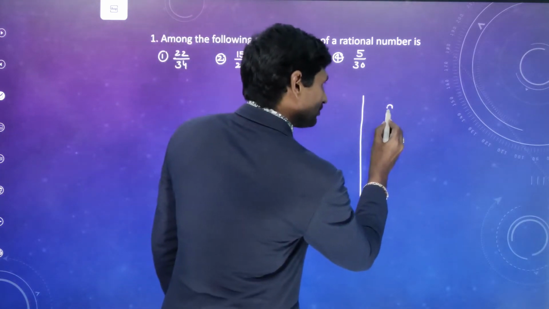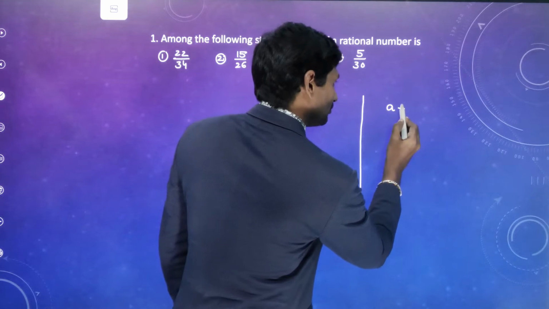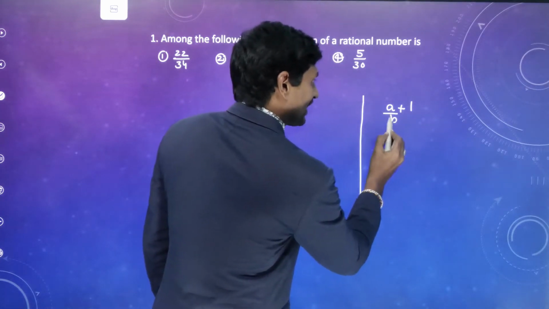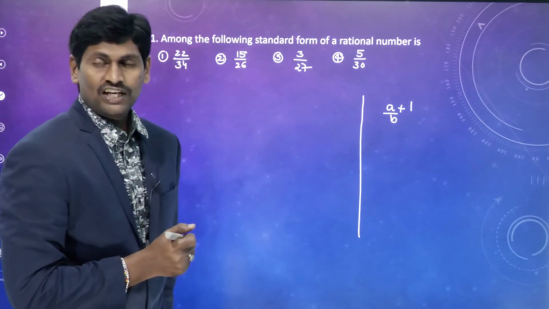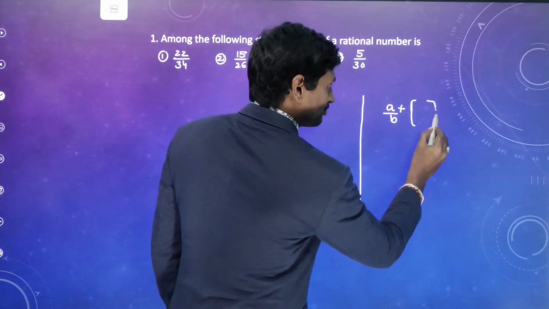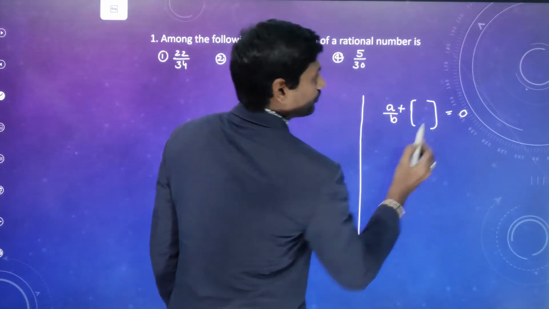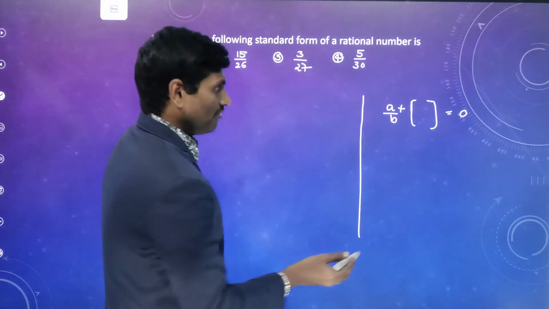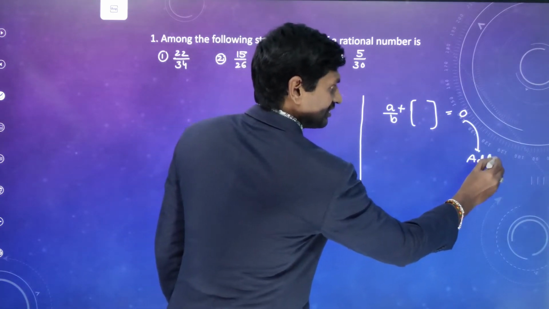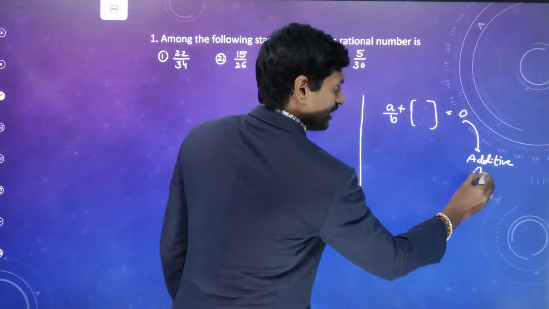For example, if you take A by B as a rational number, we are adding something to get 0, where 0 is called the additive identity.